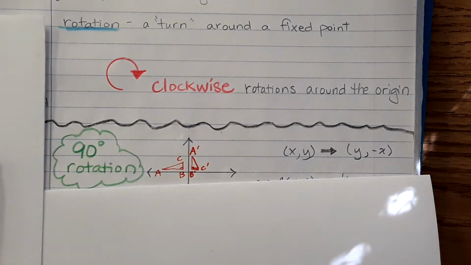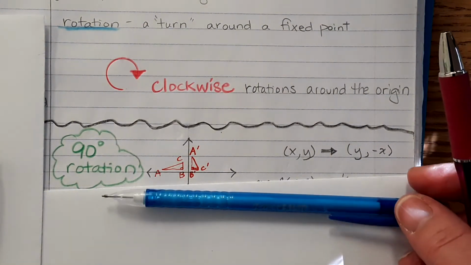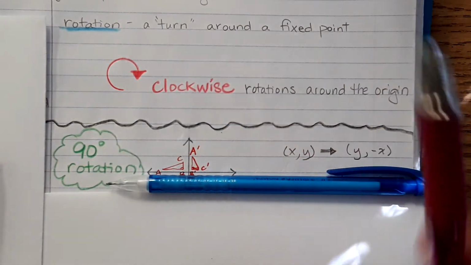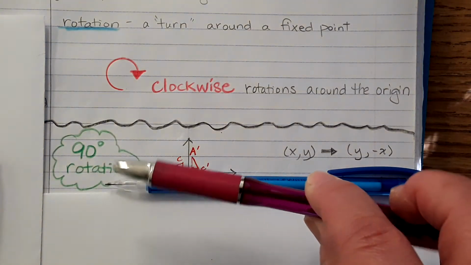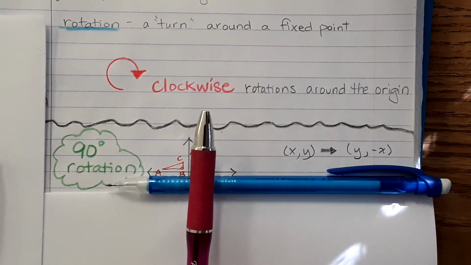So here's an easy way to check. I know 90 degrees makes a right angle. Let's say my pencil is pointing in the direction of A. Where would A prime be pointing? A prime would now go clockwise in this direction, and now it's pointing up this way.